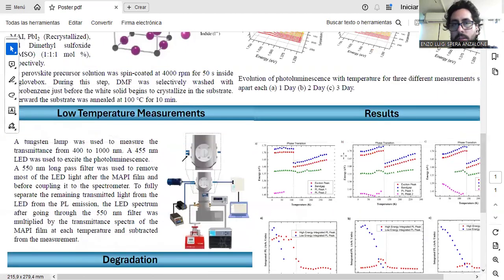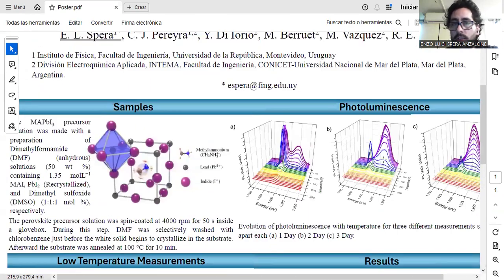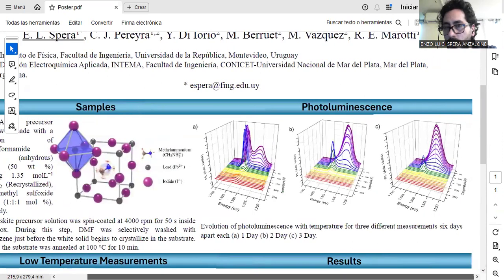We observe that the biggest changes in the samples due to the degradation are associated with the photoluminescence. We can see that the photoluminescence of the sample initially has a narrow spike right below the position of the band gap, the exciton band gap.